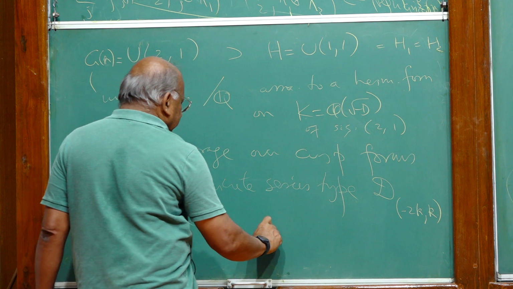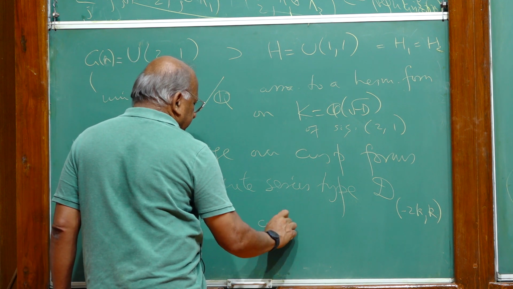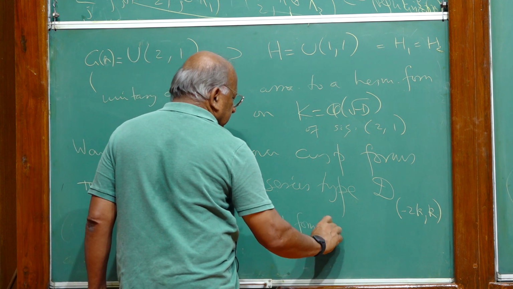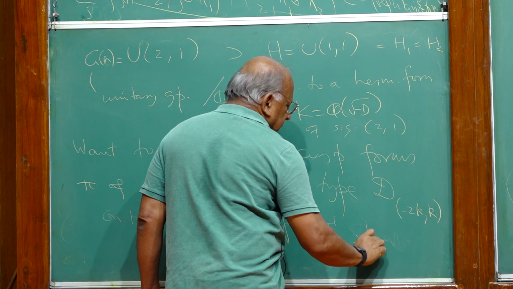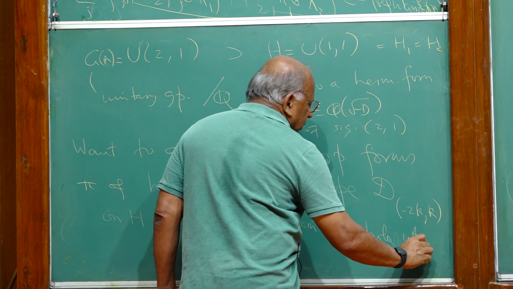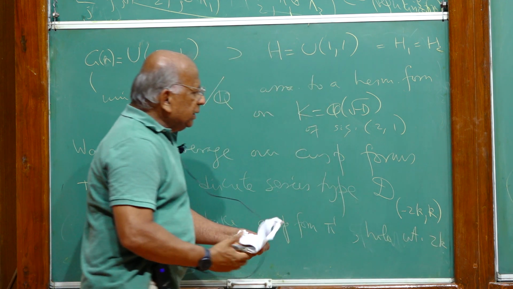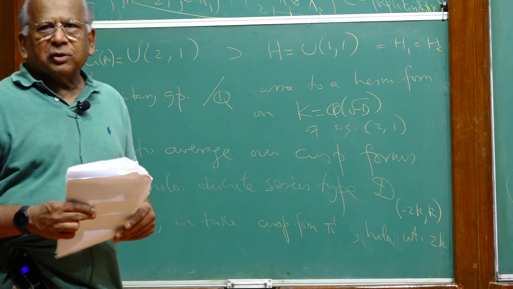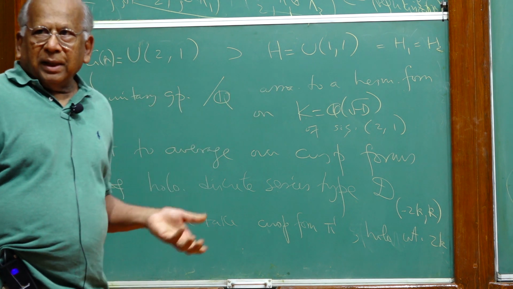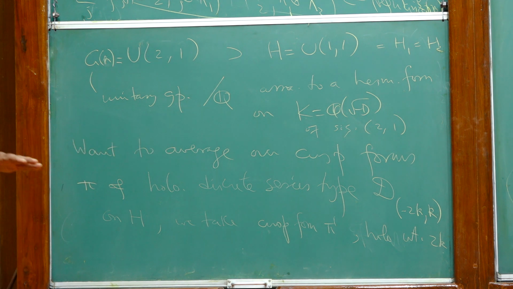a cusp form pi prime, again holomorphic, of weight 2k. So actually when you restrict this, as Dipendra knows, from the Gross-Prasad conjectures, they know which ones restrict when you go to U11. So this is one of the ones that restricts.